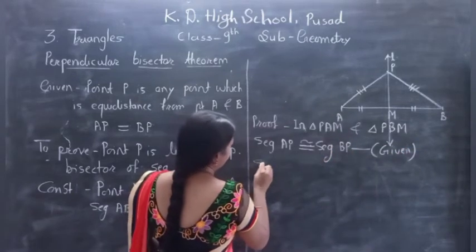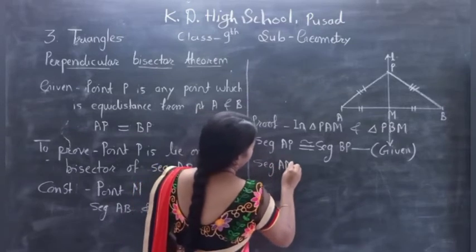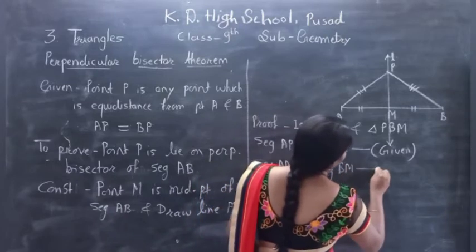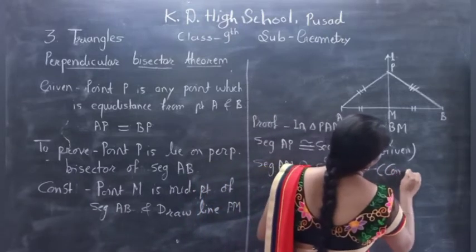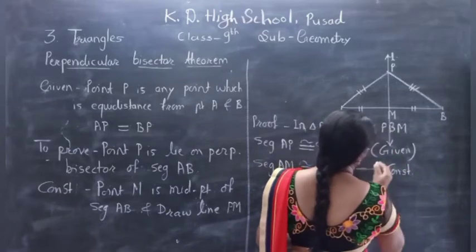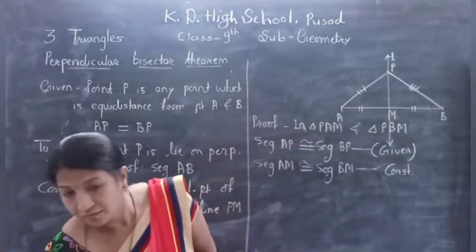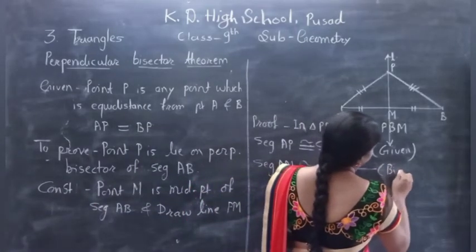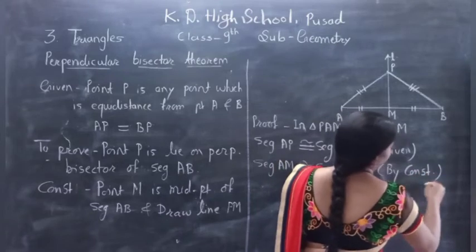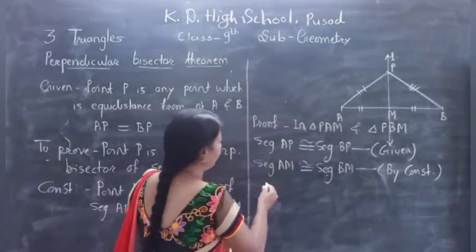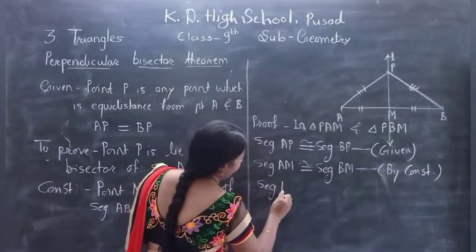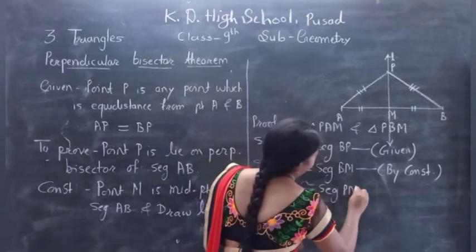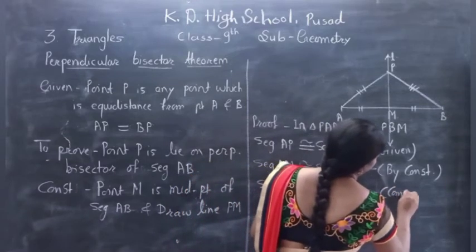Next, segment AM is congruent to segment BM. That is by construction. Next, segment PM is congruent to itself. Segment PM is congruent to segment PM, that is the common side.